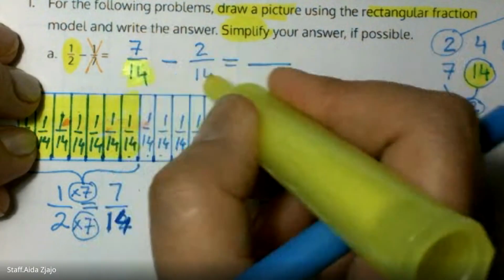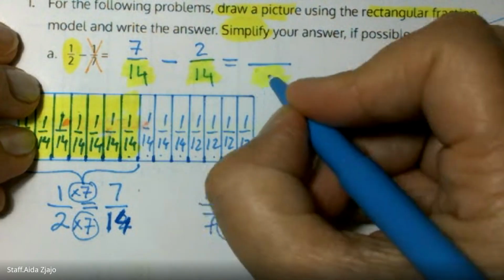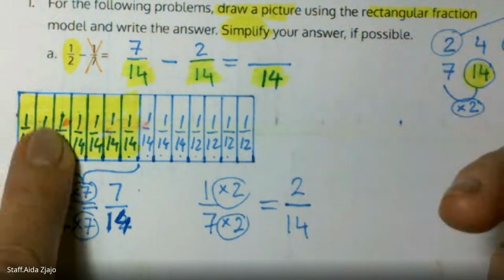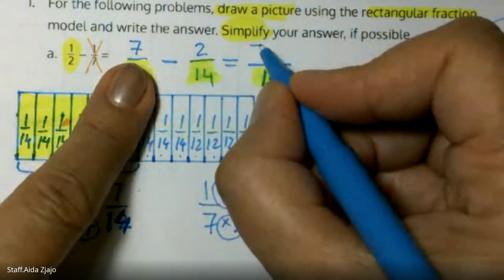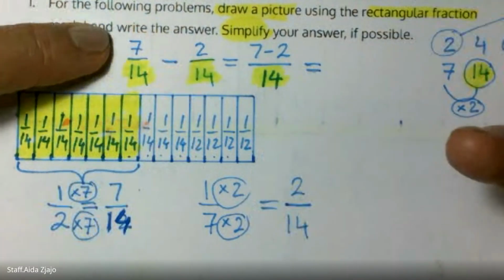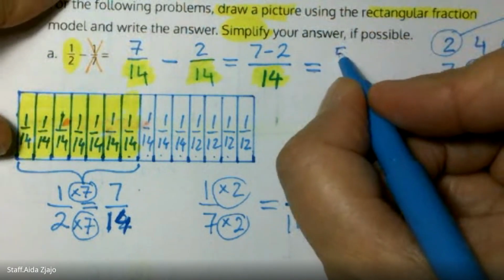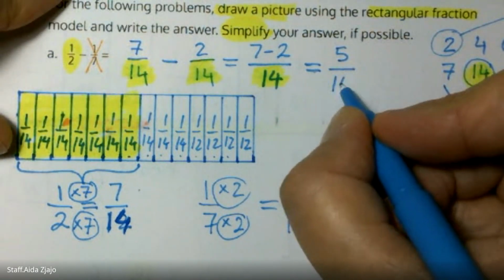They're both 14ths. So that will stay. 14 is the size. And then 7 minus 2. The top number pieces, 7 pieces, give away 2 pieces, will make you 5 left out of 14.